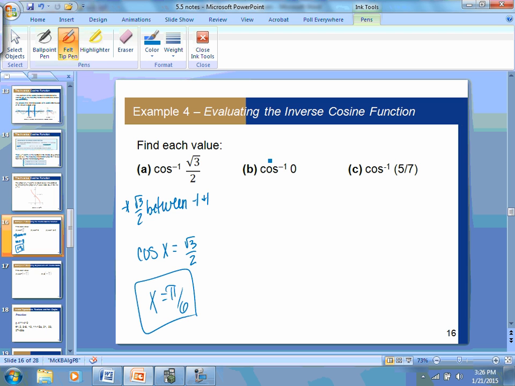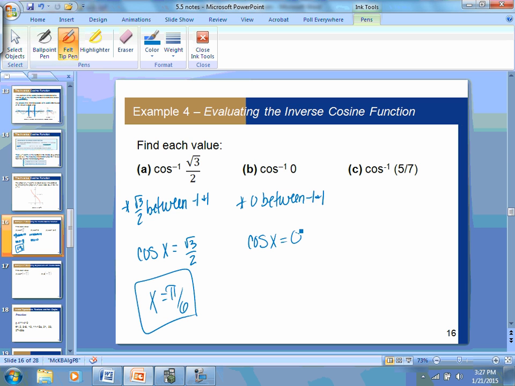Okay, part B, the inverse cosine of 0. Now hopefully you know 0 is between -1 and 1, so we can go ahead and do this. So 0 is between -1 and 1. This problem is doable, so now we'll rewrite it. The cosine of something got me 0.